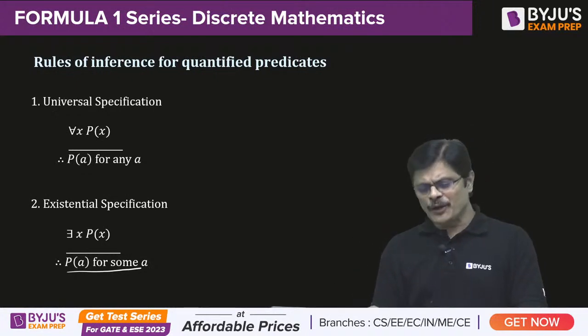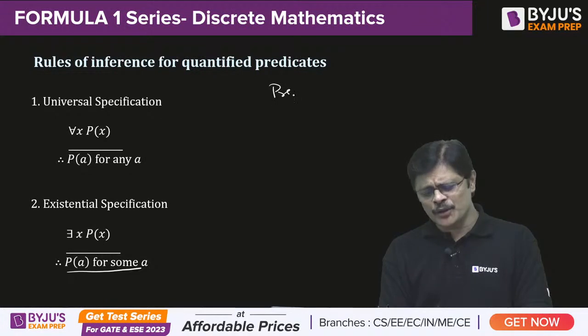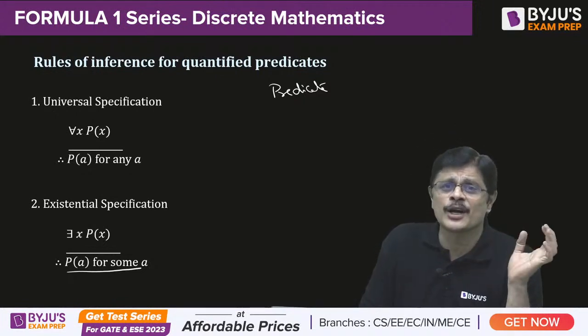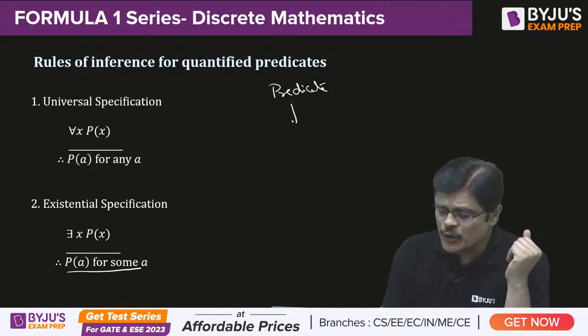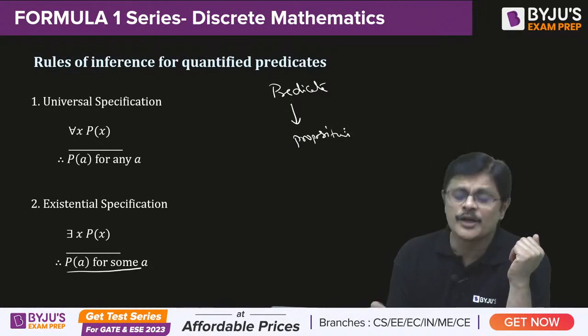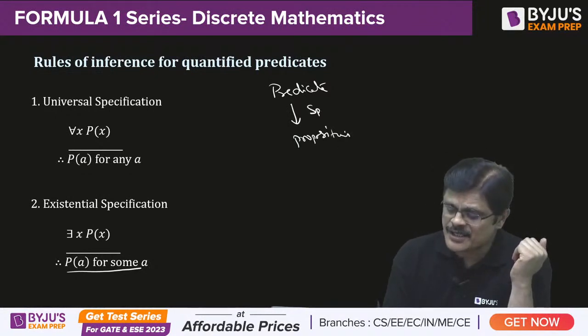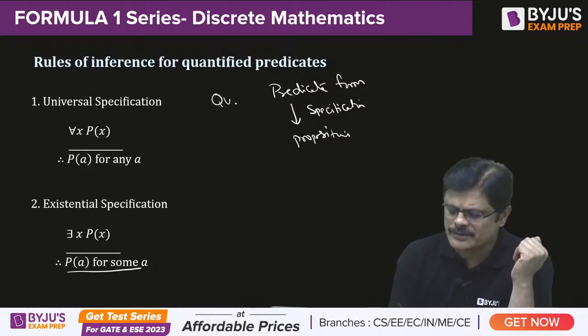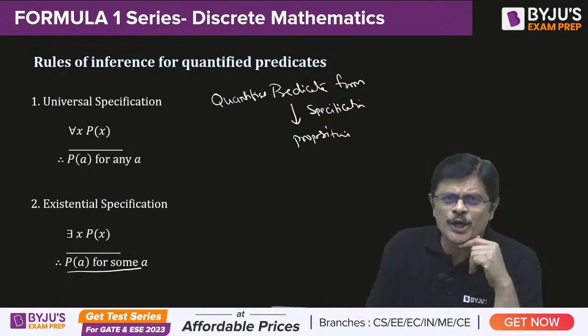Now what we generally do is, once you have an argument in predicate form, or an argument in the form of this quantified predicate form, you convert it into propositional form using specifications. This is predicate form, of course quantified predicate form, where you have an argument.